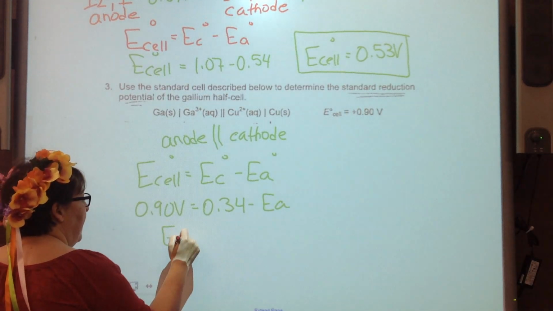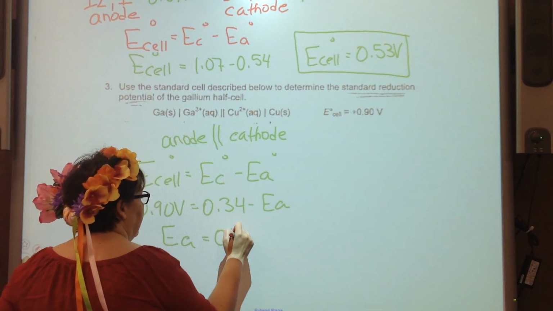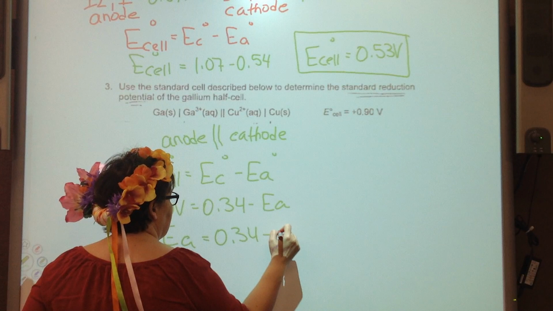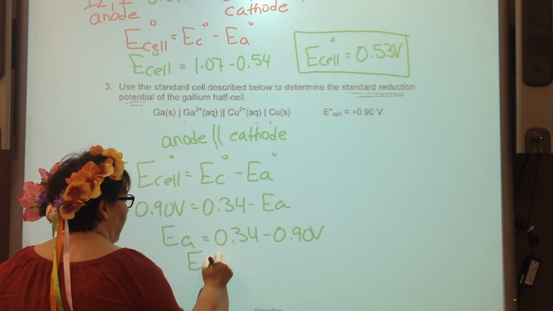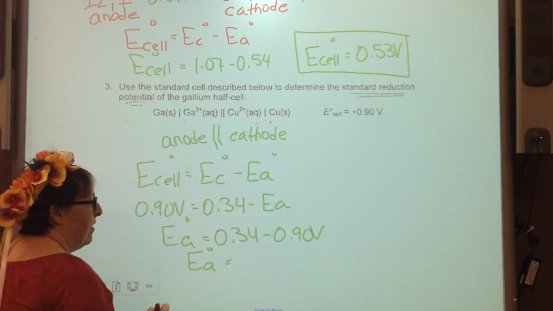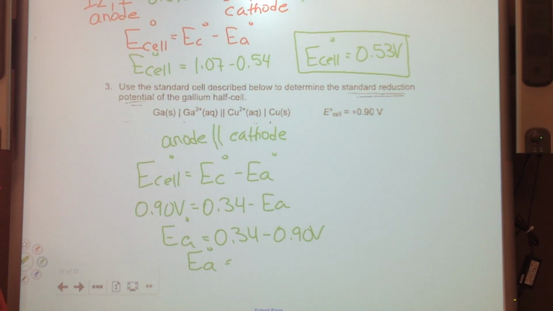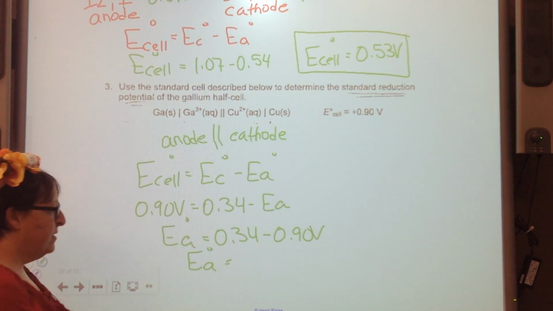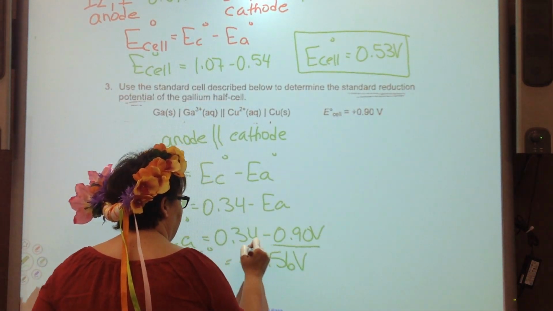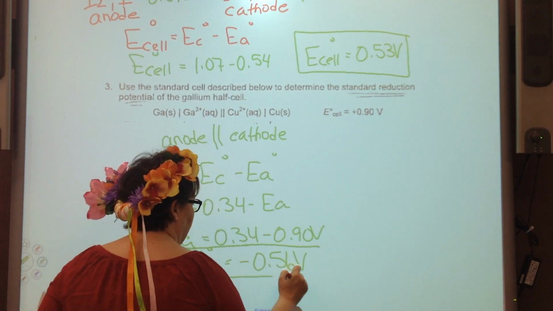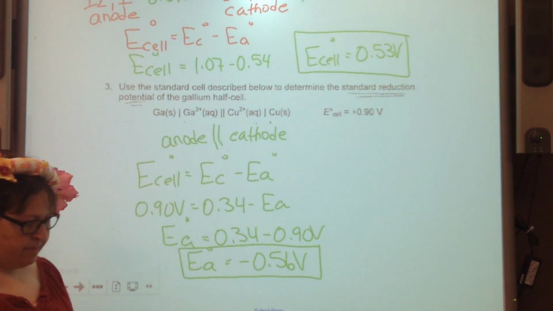So if I want to move that around to become positive, it's 0.34 minus 0.90 volts. Negative 0.56. Okay?